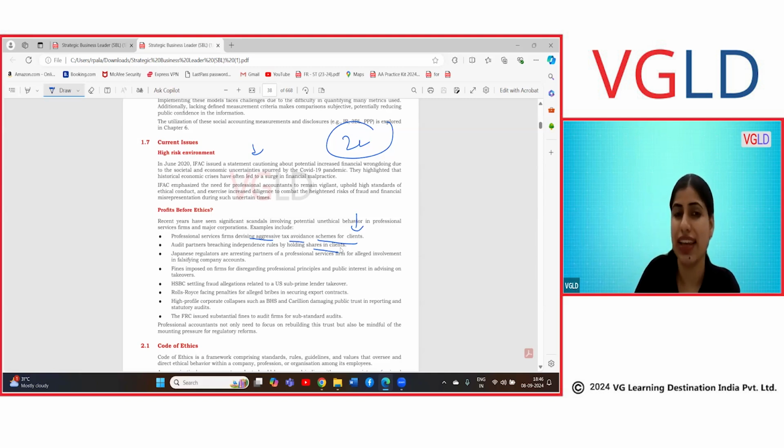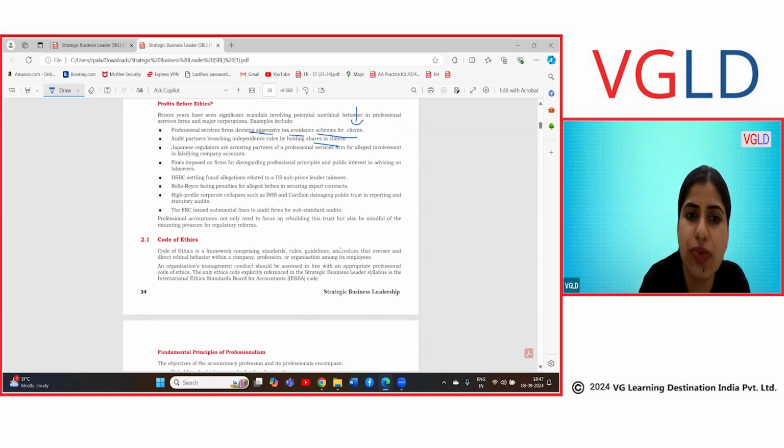So these are the areas where we consider profit before ethics. But according to law, it is not acceptable. So yes, we should be focused toward building the trust of society, because ordinary people are investing in companies by just thinking in their minds that accountants have guided, that accountants have audited these financial statements.